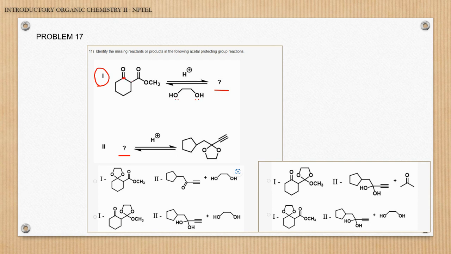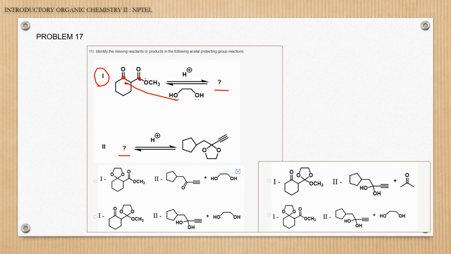So ketone. Why ketone? Because guys, you have to identify the electrophilic character of this carbon because you have lone pair of oxygen. Here there is a nucleophilic attack which is going to happen at this carbon. That carbon will be getting attacked by the oxygen lone pair, as it is more electrophilic in nature. Previously, I have told you that ketone carbonyl carbon is more electrophilic than the ester.